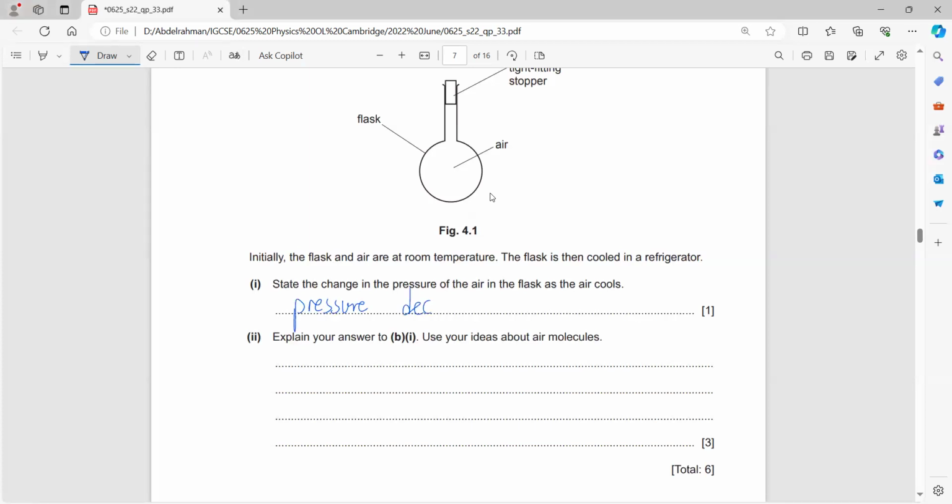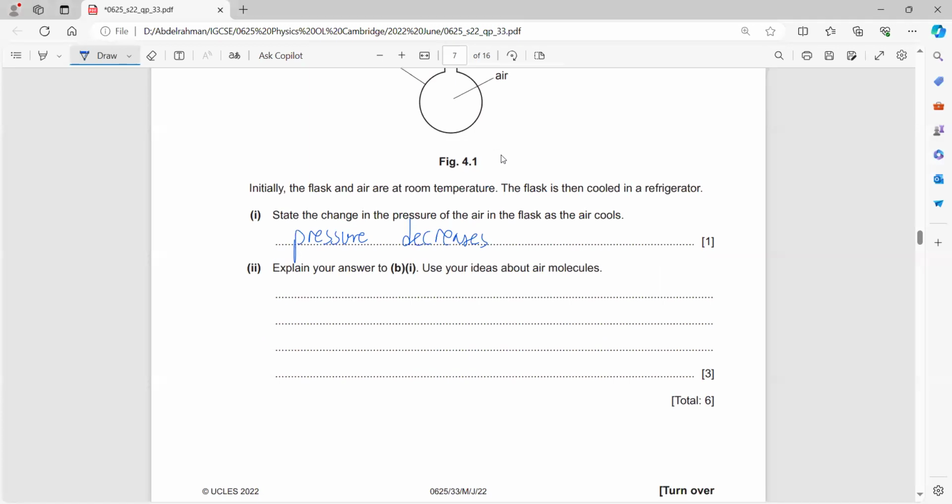Why? As temperature decreases, the speed of the molecules and the force decrease. Instead of faster and harder, they become weaker and less frequent. So the force exerted on the sides of the container decreases, so the pressure decreases.